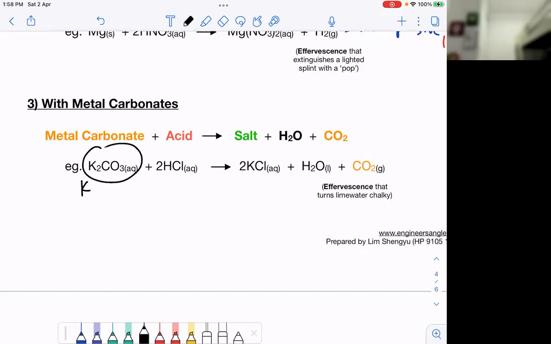Potassium is... where's potassium? I find that you are underperforming today. Please try to back up now. Potassium is K plus.